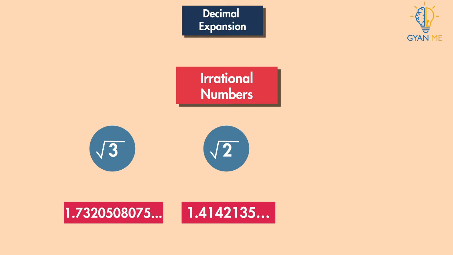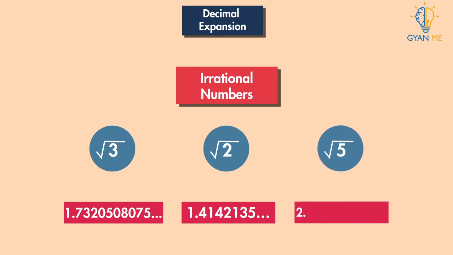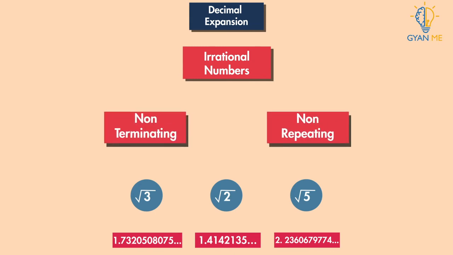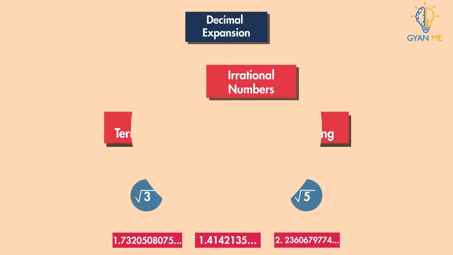Similarly, decimal expansion of root 5 is 2.23606797774 and so on. In all the examples, we can observe that decimal expansion of irrational numbers is non-terminating and non-repeating. That means the expansion never ends and the digits never repeat.